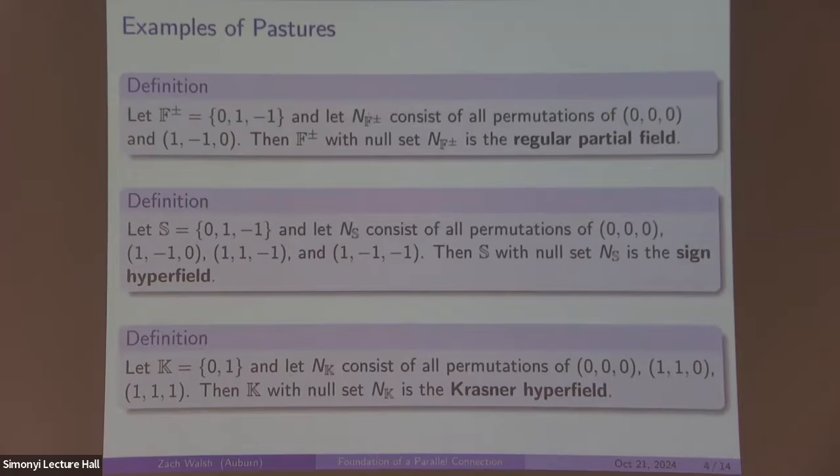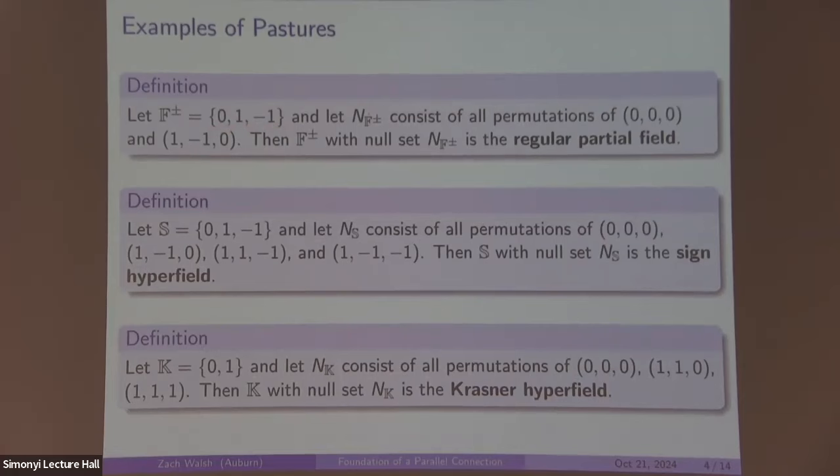Here are some examples that are not fields, and these are very important examples, and we'll see why shortly. These are just some very basic pastures. Here, the set is just 0, 1, -1 with the multiplication that you would expect.